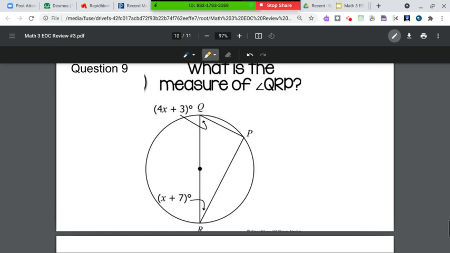We see that this is a right triangle, inscribed in the circle.